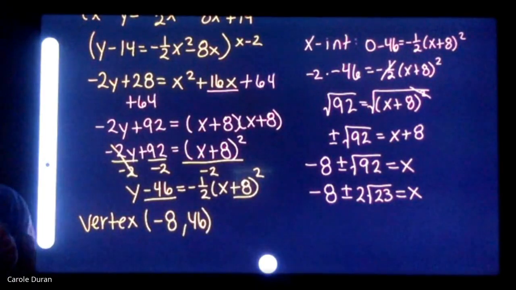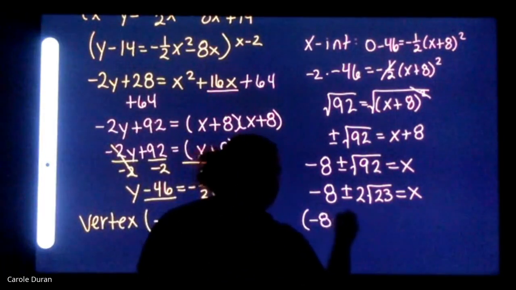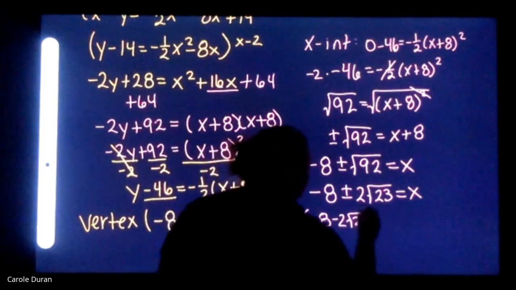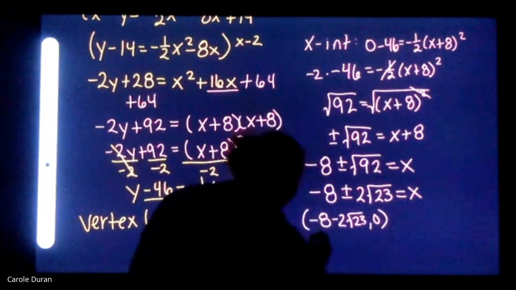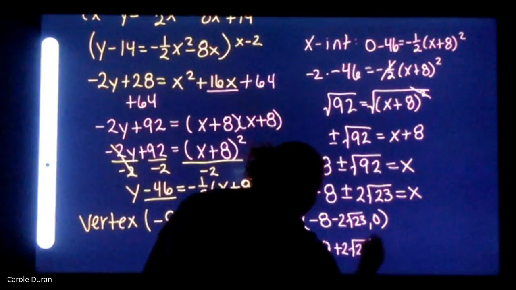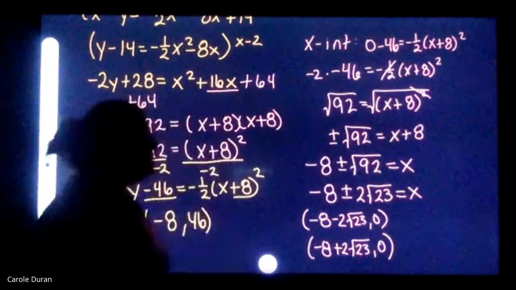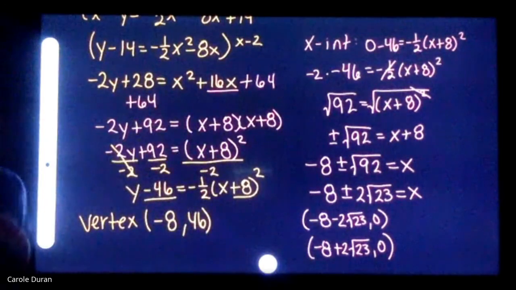And then I separate it into my two terms, and I'm done. So my two x-intercepts are (-8 minus 2 root 23, 0) and (-8 plus 2 root 23, 0). So they're not always going to come out to nice, pretty numbers.